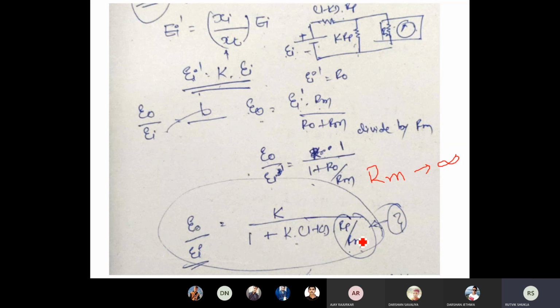RM infinite લખશું તો, see in this equation, if I am going to put RM infinite, it is 1 by infinite. 1 by infinite means this particular term only becomes 0. Yes, K is correct. Okay, so this term becomes 0. So only left, you have only K. That is the final thing which is left. So if I write this equation, EO is equal to, now K is the ratio of Xi by Xt into EI.